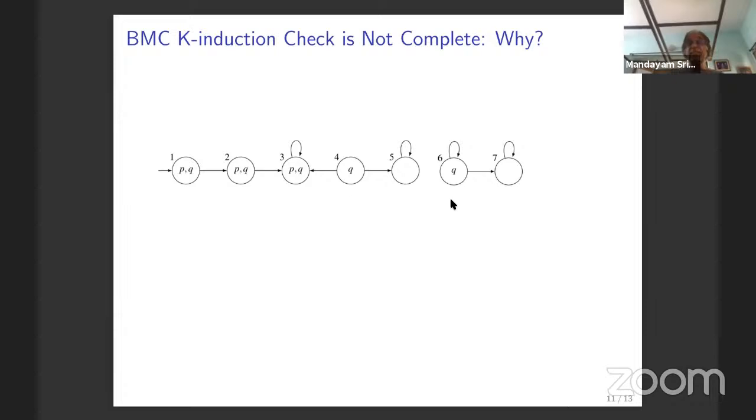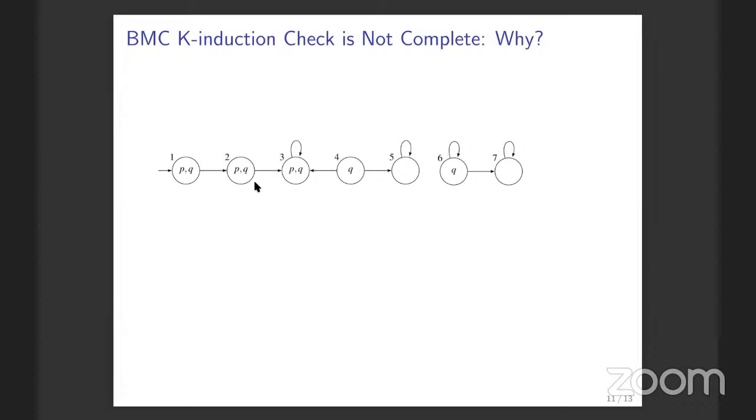Yeah, but the inductiveness check. I think I was doing it with Q. Sorry, I think I was doing it with Q. So forget that. Q is not inductive, correct? Q in this case is not inductive, but it is too inductive.